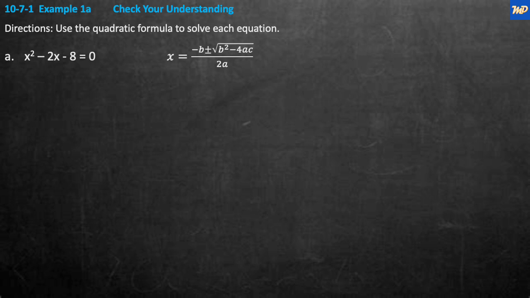We're going to say x equals minus b, and b is minus 2. So it's going to be minus a minus 2, okay, plus or minus the square root of b squared, which is minus 2 squared, minus 4ac, and we know that a is a 1, so we're just going to say times c, and the c is minus 8.